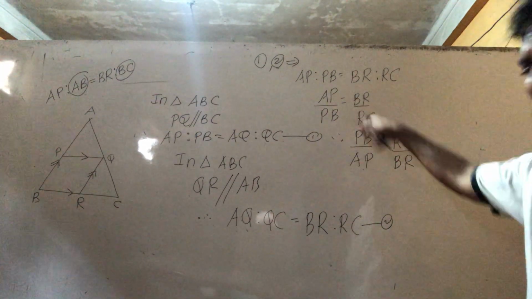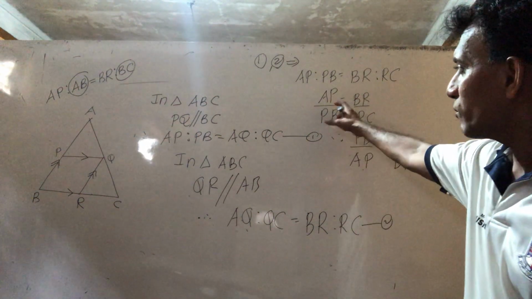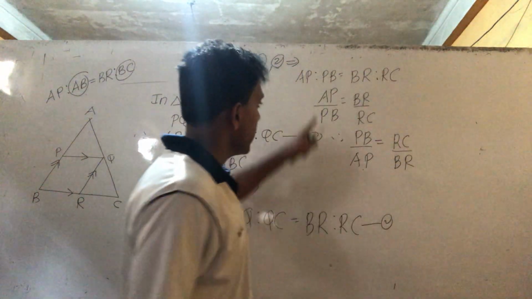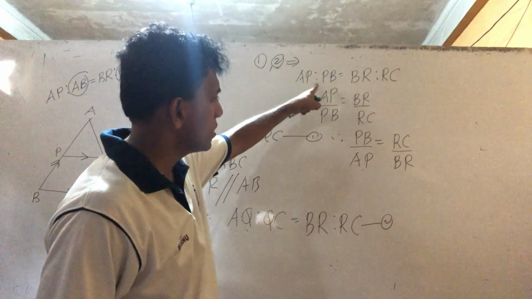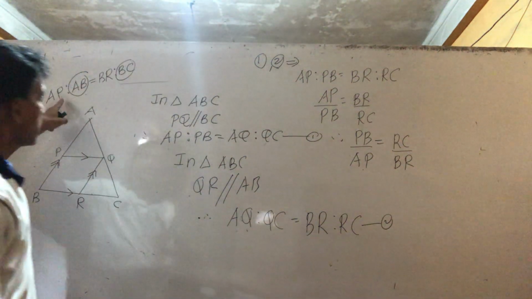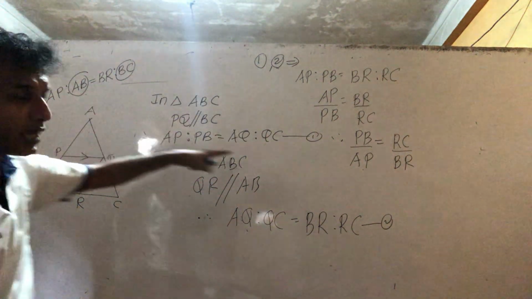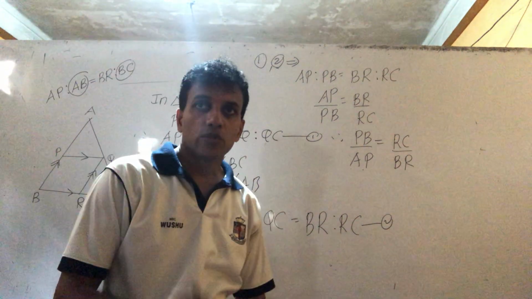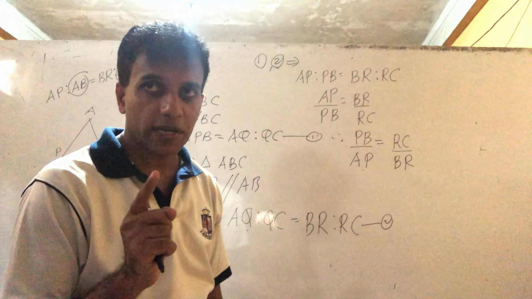It's the same idea, but I show this because I want to change to this pattern. Now, AP is okay, but there's no AB in the answer here, and on the other side no BC. So this step you have to study properly.